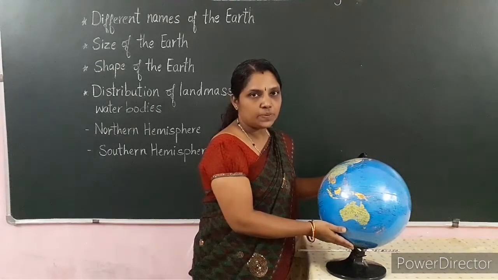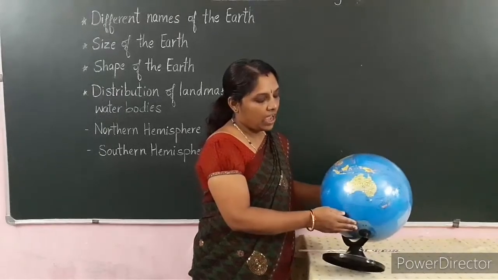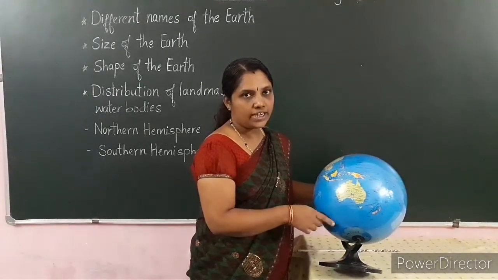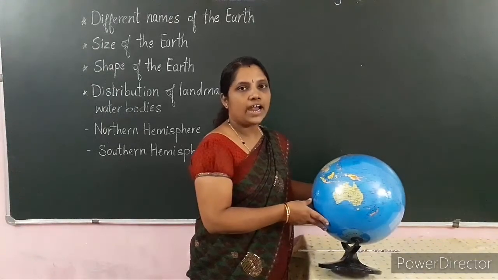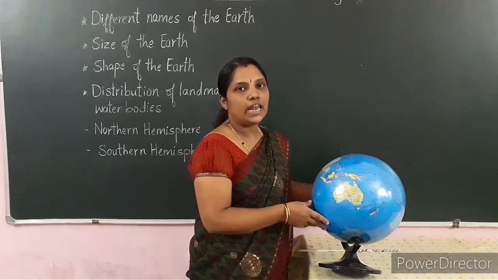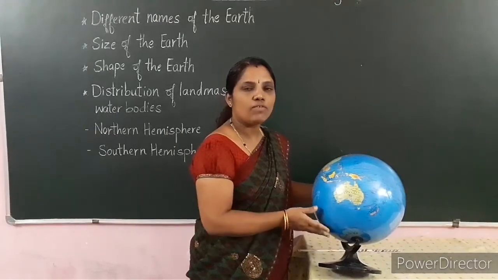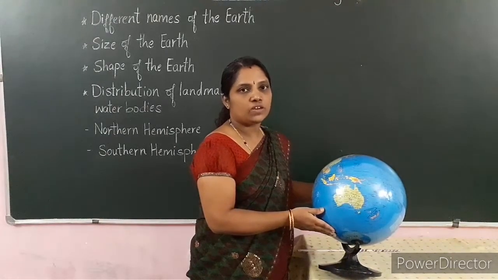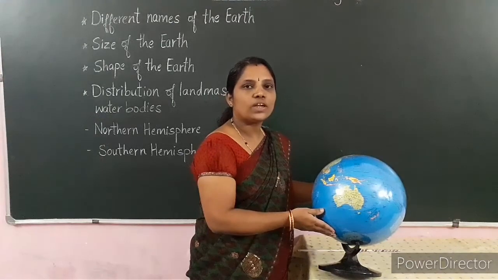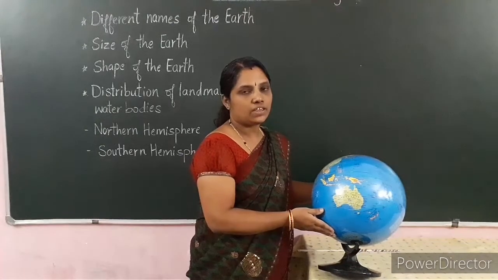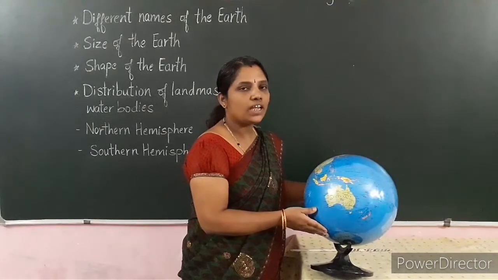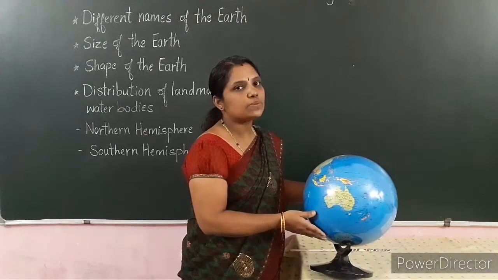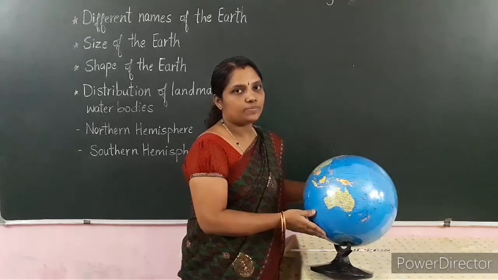Southern hemisphere has 81% of water and 19% of land. So the southern hemisphere is also known as water hemisphere. Only 10% of world's population is there.